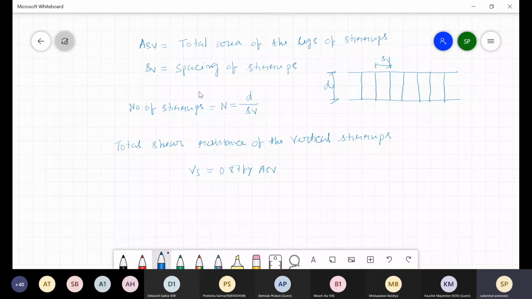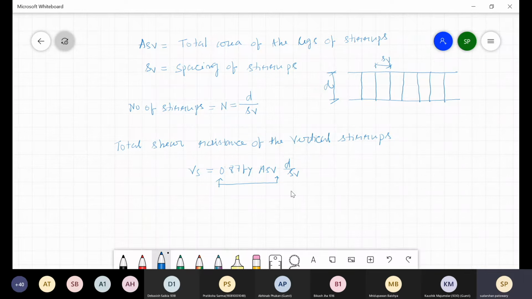Then what you will get is the shear force for one vertical stirrup, either two-legged or three-legged.